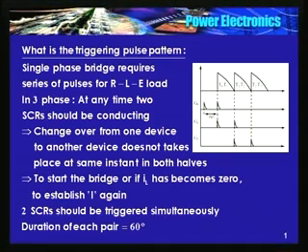So the pulse pattern should be something like this. T6, T1, T1, T2, T2, T3. So I need to have two pulses separated by 60 degrees. See here, 6 and 1 are triggered at the same time.